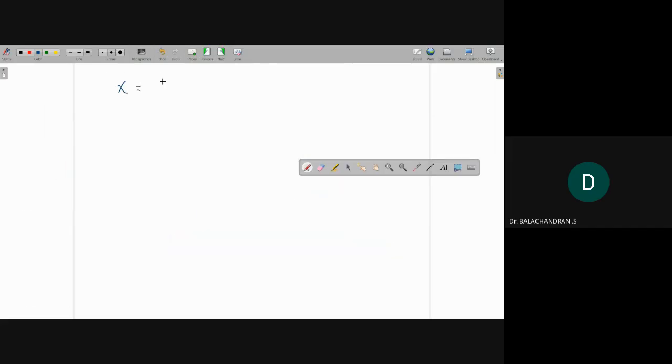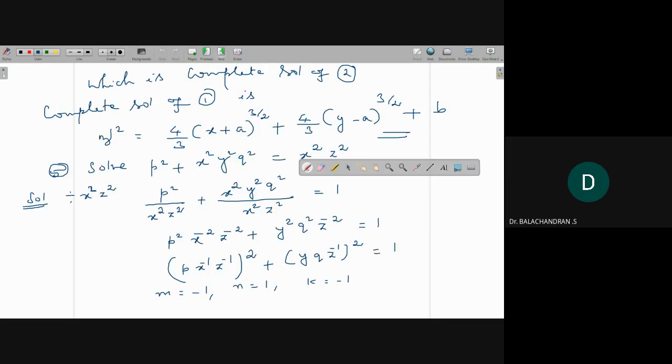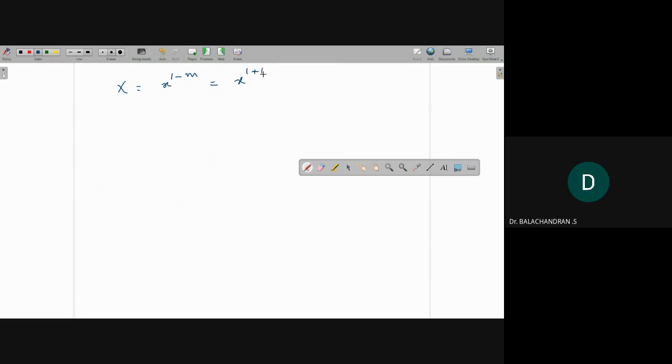Capital X is equal to... see the table and then tell. If m is minus 1, then x power 1 minus m. So x power 1 minus (minus 1), plus 1 added on. So x square.